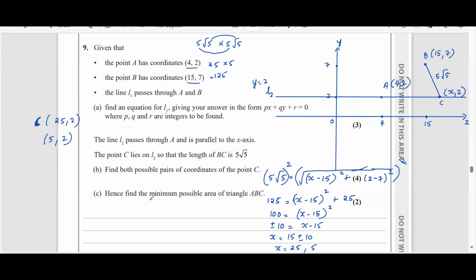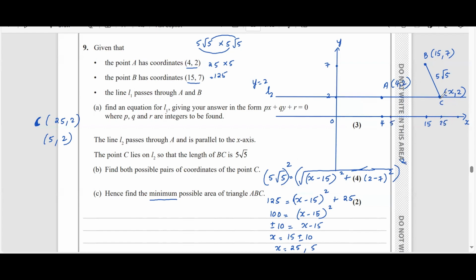Hence, find the minimum possible area of the triangle ABC. A is (4, 2) and B is (15, 7). C can be either (25, 2) or (5, 2). Let's say this is 25 and let's say this is 5.